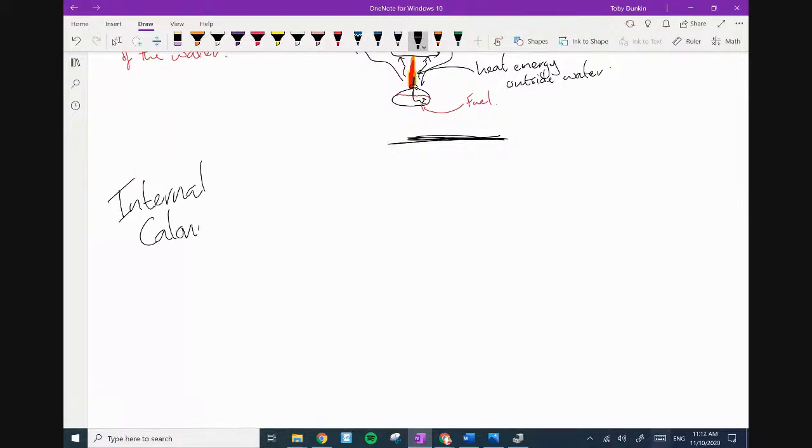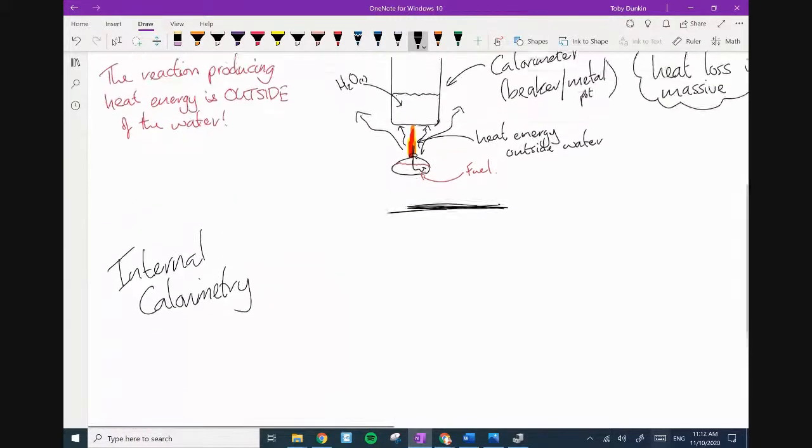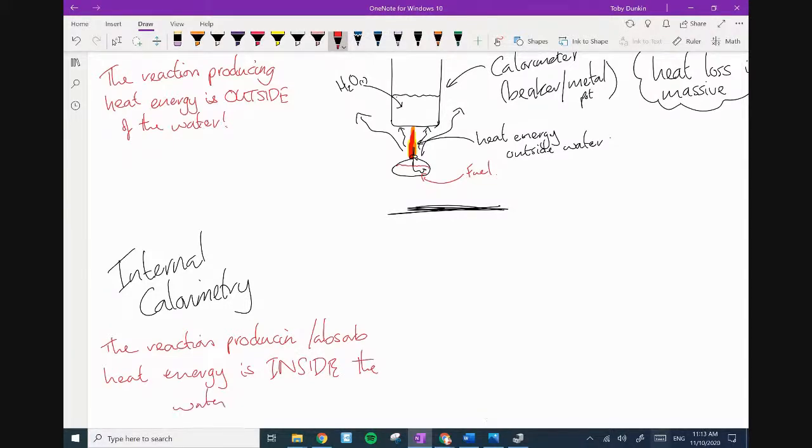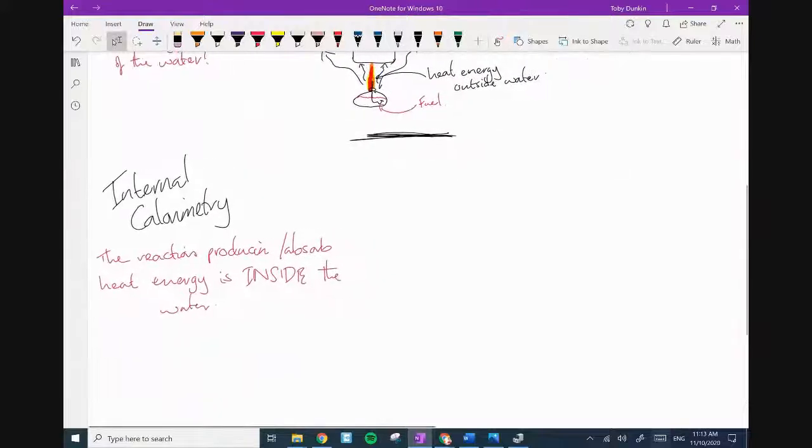Internal calorimetry is when the heat source is inside the water: a reaction producing or absorbing heat energy, either one, inside the water. So these are most of the time reactions in solutions.